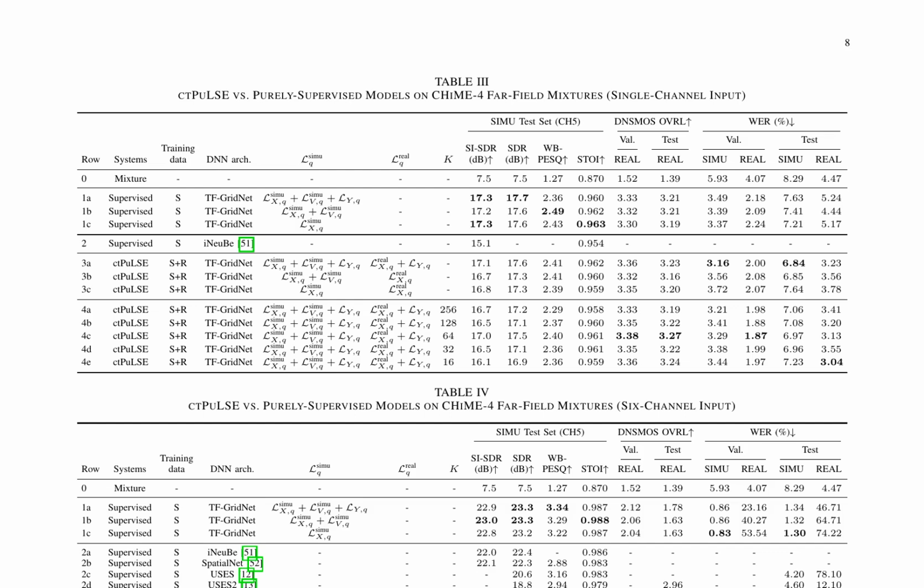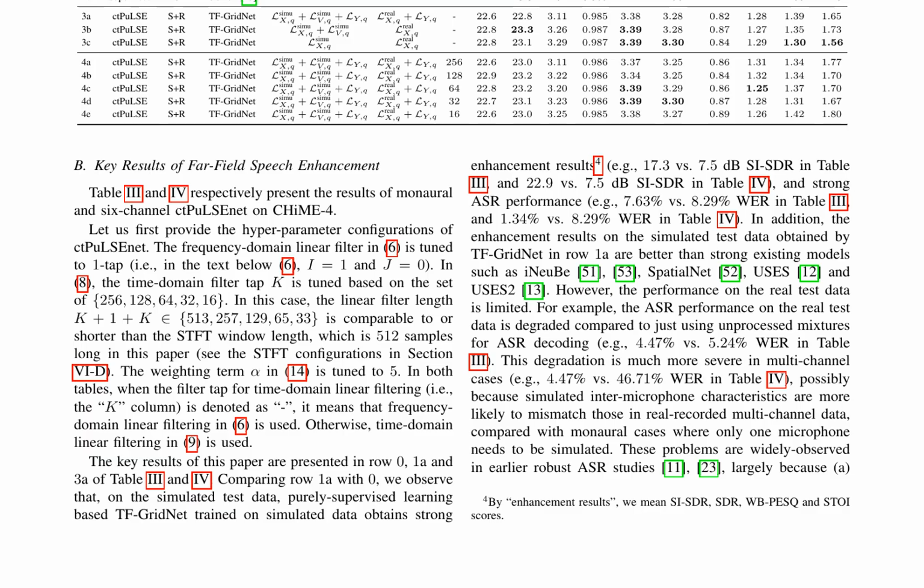The authors introduce the ctSE-net, which is trained on real mixtures and can robustly deal with microphone failures. System configurations for the evaluation are described, including the use of TF-grid-net as the DNN architecture and the hyperparameters for the model. Key results are presented in Table 3 and IV, showing that purely supervised learning-based TF-grid-net trained on simulated data obtains strong enhancement results and ArXiv performance on the simulated test data.